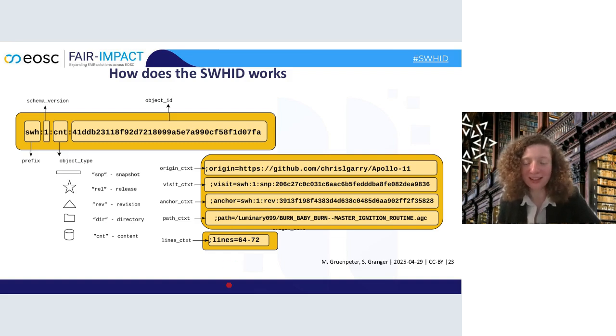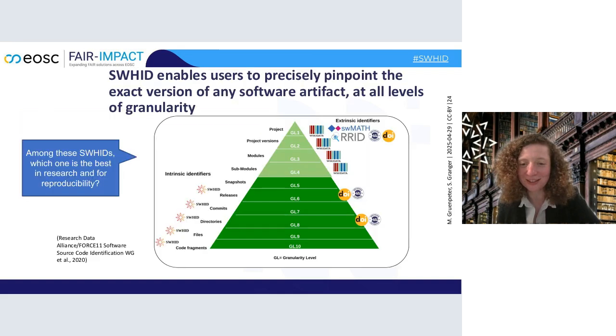Now, I've said that, and I'm going to show you a pyramid. Ta-da! A pyramid where you can find the SWHID object in the lower part of this pyramid. What is this pyramid? This is a pyramid that we produced in 2020 as part of the Research Data Alliance and FORCE11 joint working group on software source code identification.